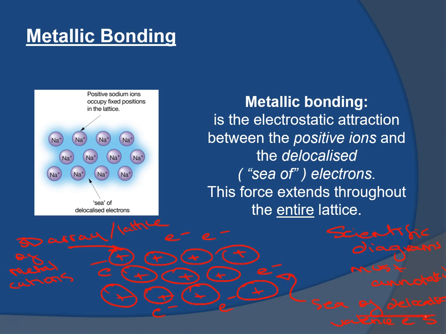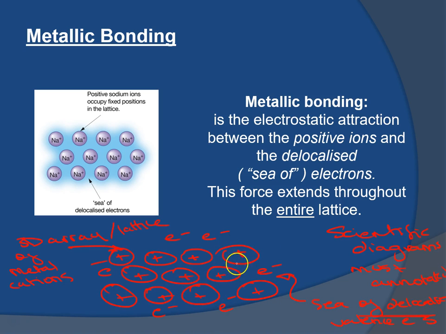Okay, so we're indicating that we understand it's 3-dimensional. We don't have to try and draw in 3 dimensions. We just need to state that we understand that it is, and that this free-moving sea of electrons is running around in between our cations all the time.